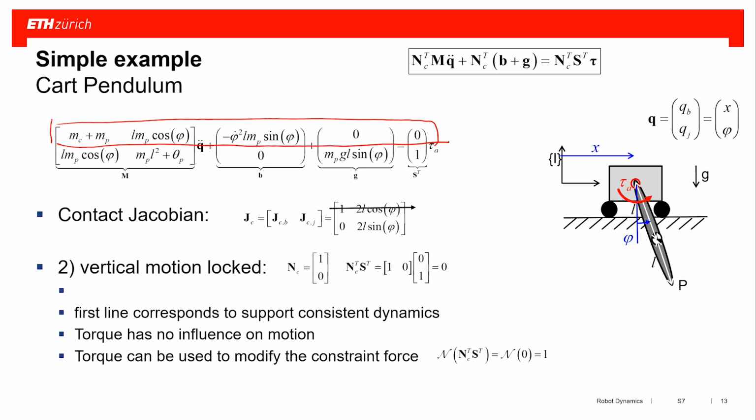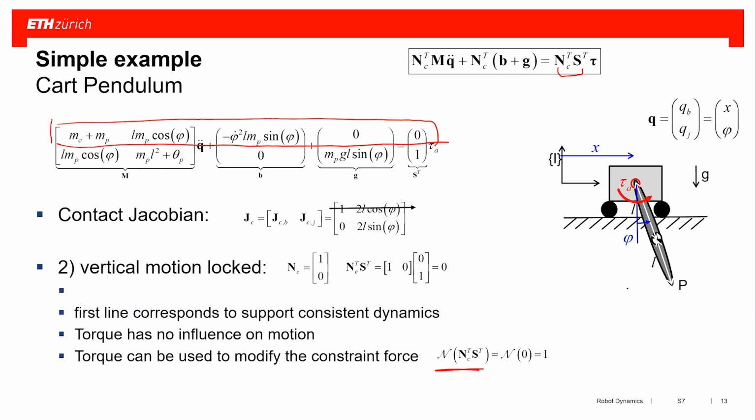However, the torque itself can be used to modify the force, because there is an NC transpose multiplied by S transpose. This has a null space, which is again one-dimensional. So if I invert this, I get a torque, a null space torque, which changes the force.